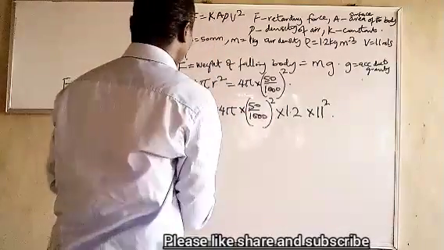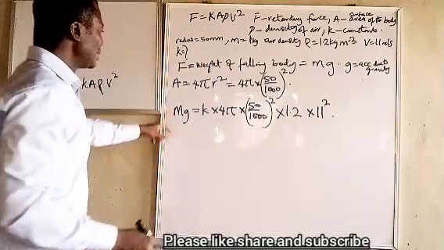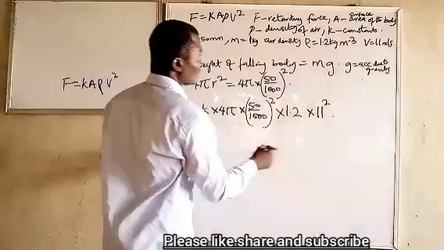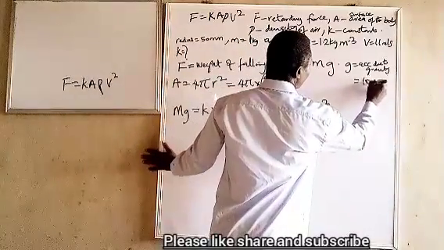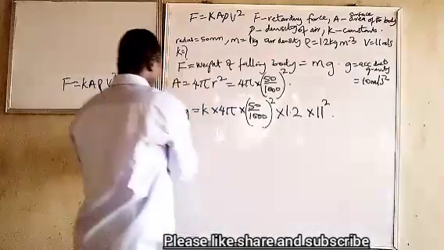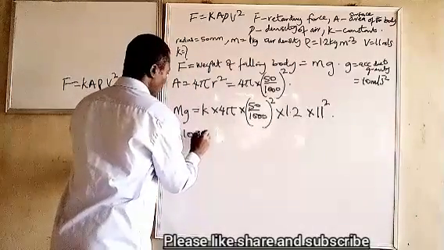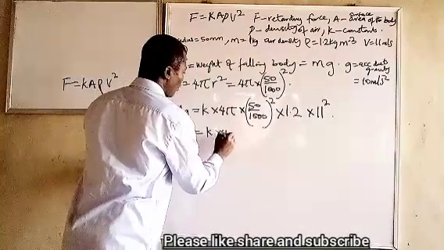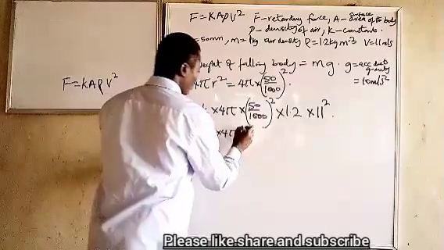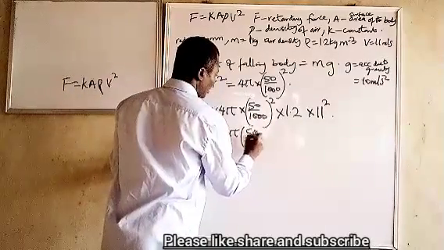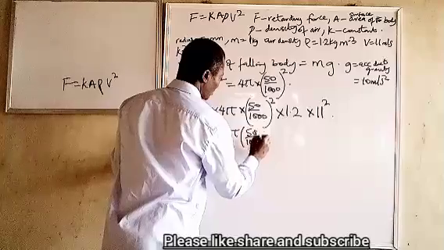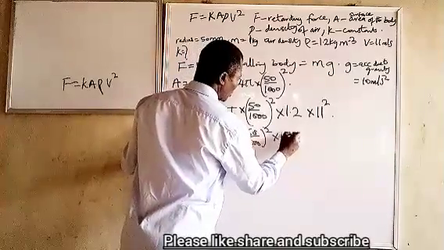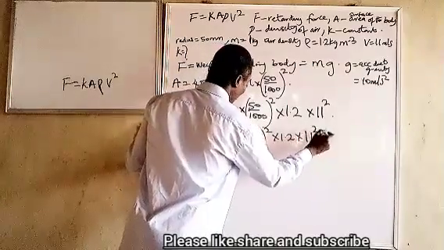And we are given the mass, that is 1, and let's take g to be 10 meters per second squared. So this is 1 times 10 is equal to K times 4 pi, 50 over 1000 all squared, times 1.2 times 11 squared.